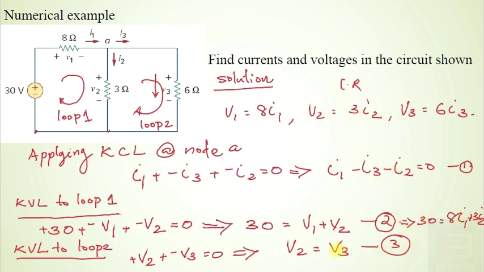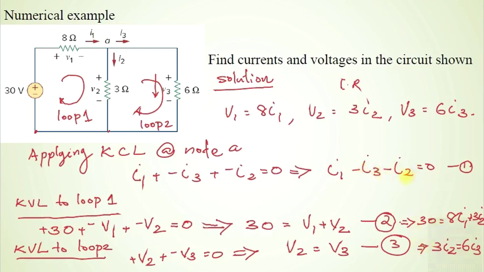Similarly, here you have V2 is equal to V3. That means 3I2 is equal to 6I3. So this is the third equation. Now you have to solve these three simultaneous equations to get a unique solution for I1, I2 and I3.